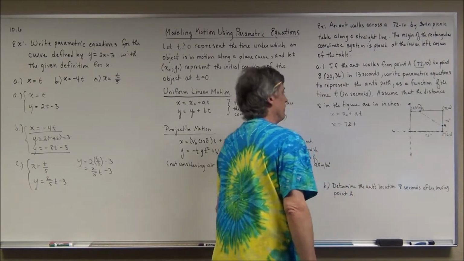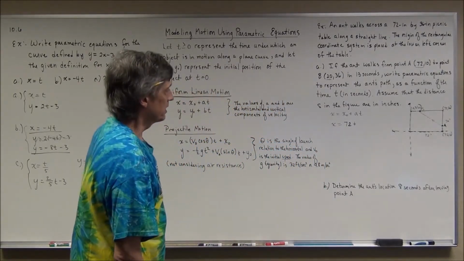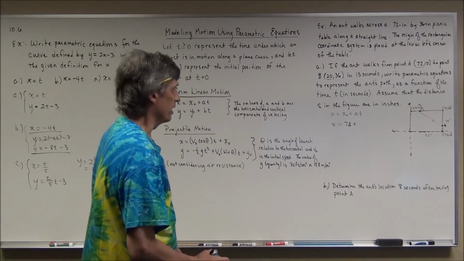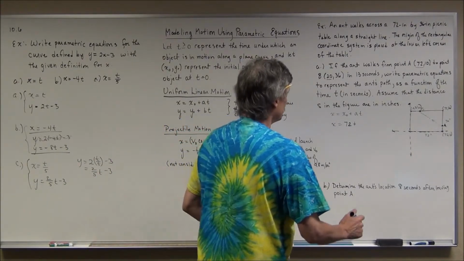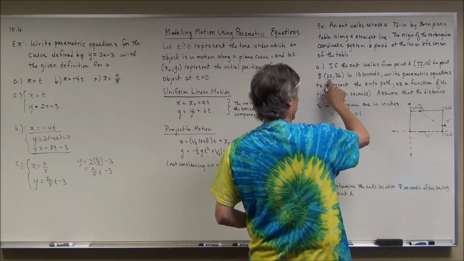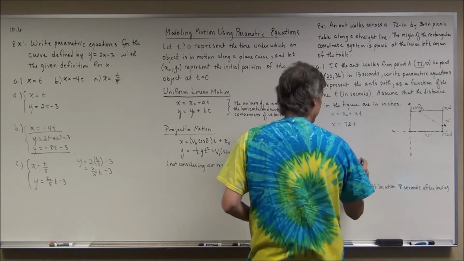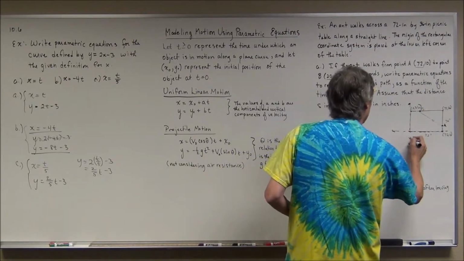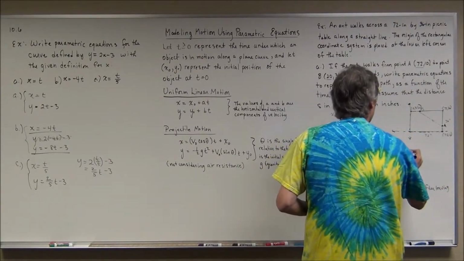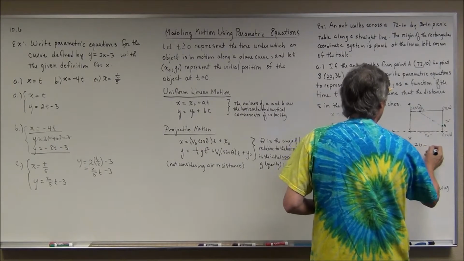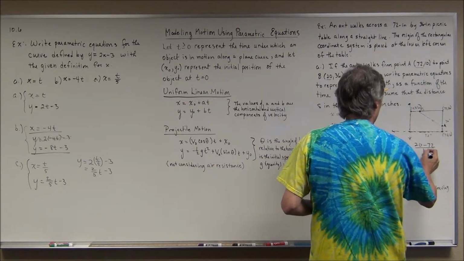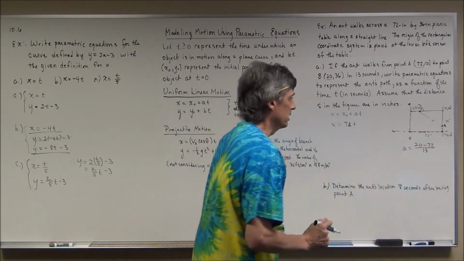Plus, now I have to figure out his horizontal rate of speed. Since he's going from 72 to 20, I'm going to find a by taking 20 minus 72, and this is going to be spread out over 13 seconds.